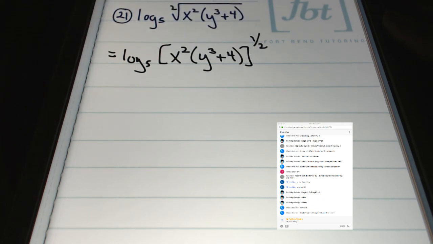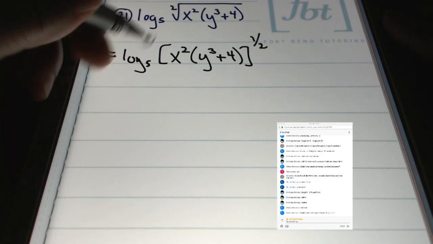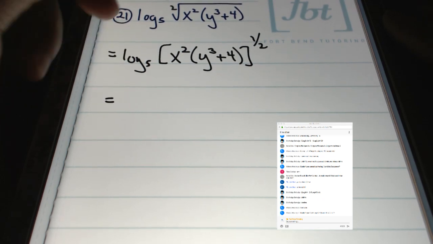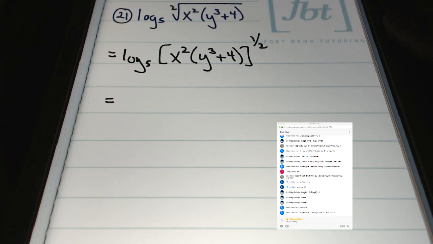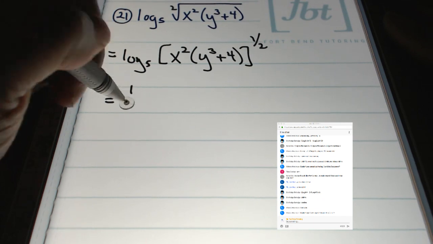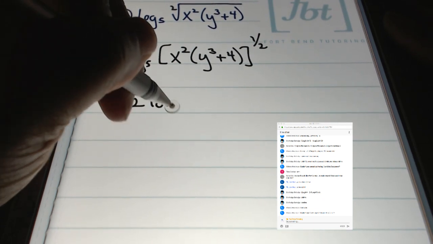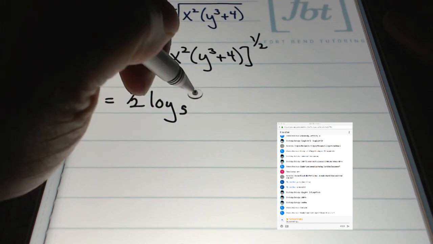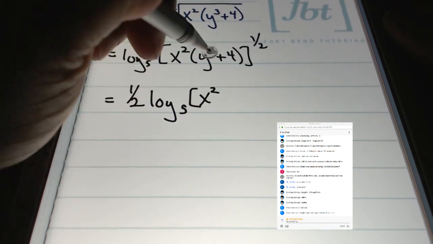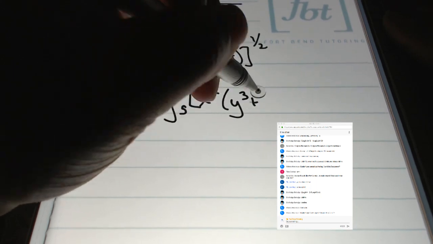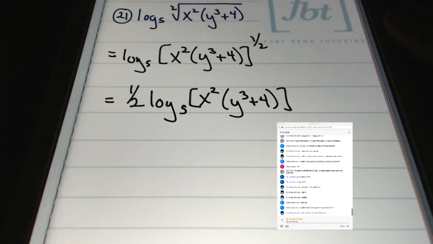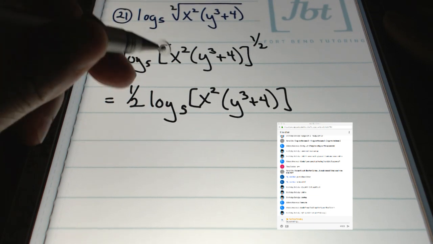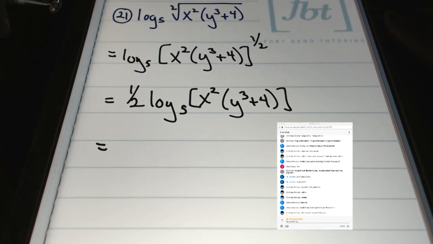Once I have this, let's do what Obina suggested in the other one. We'll bring down that 1/2 first. So we'll have 1/2 times the log of base 5, and we still have our argument as x squared times y cubed plus 4. This is the strategy that Obina suggested for our previous problem.